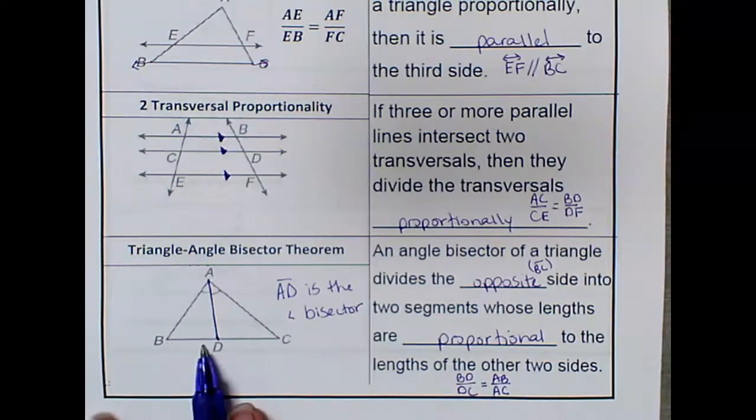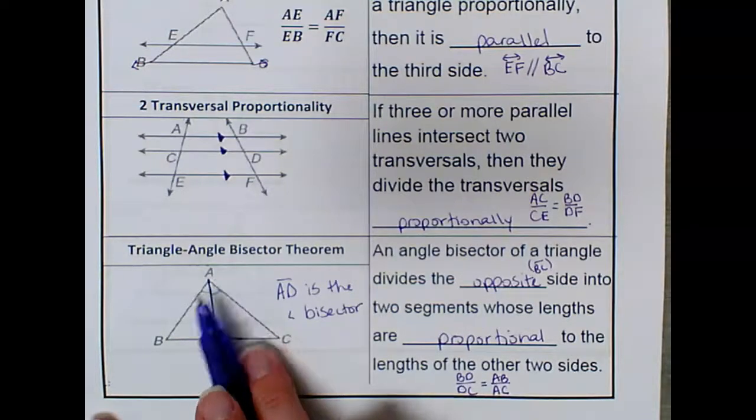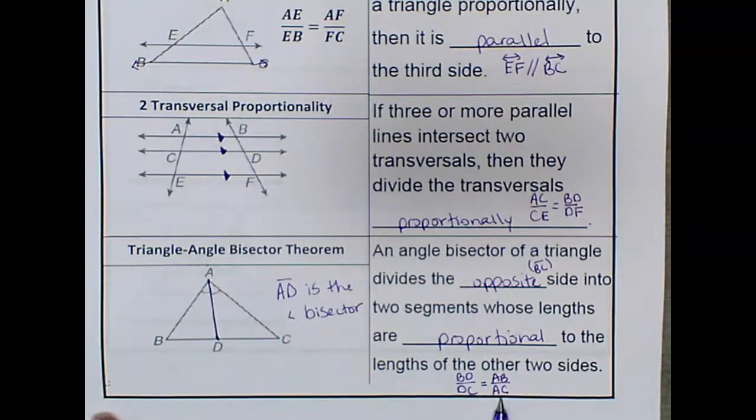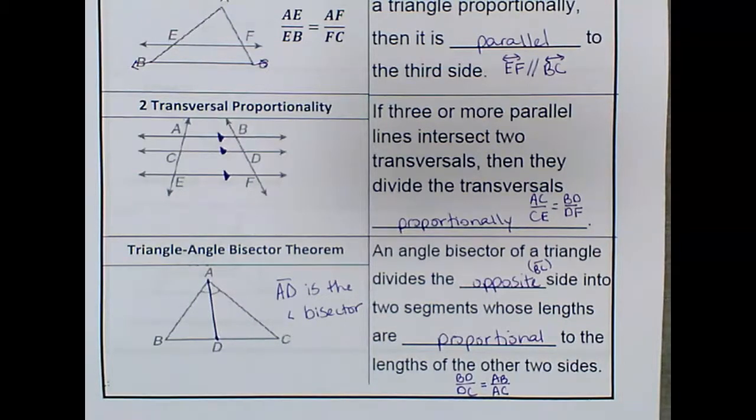Notice that BD is across from AB because they're both creating this other triangle over here, and then DC is beside AC. So DC, AC, because they're creating this triangle over here along with that angle bisector. So let's go ahead and scroll down and let's practice. We have 4 examples today.